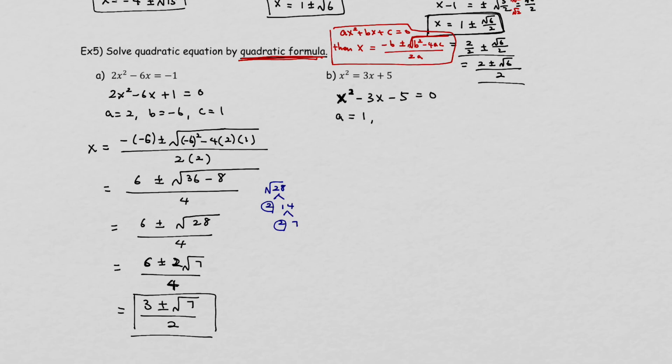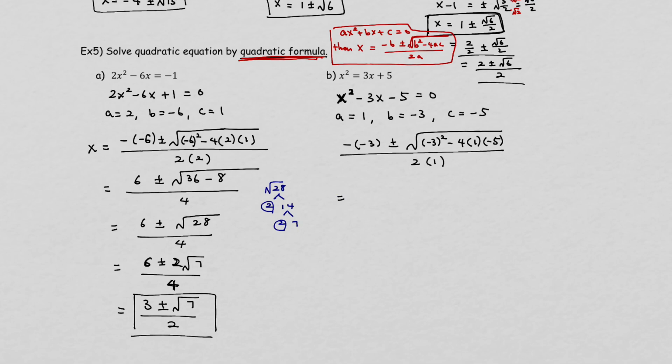Where a is 1, b is -3, c is -5. Replace it into the formula. You get -b plus or minus square root of b squared minus 4ac, all over 2a.